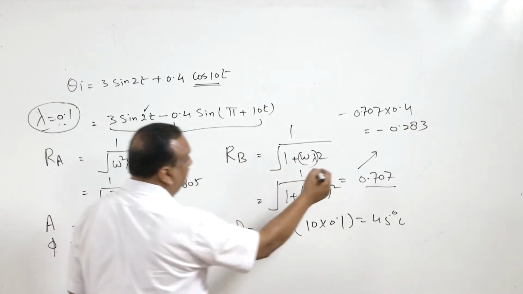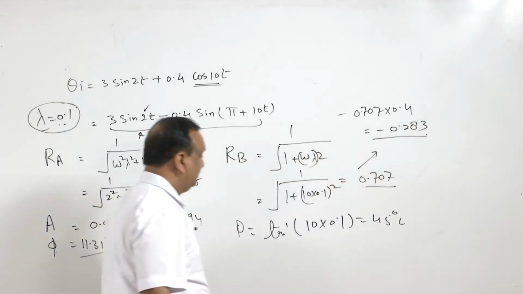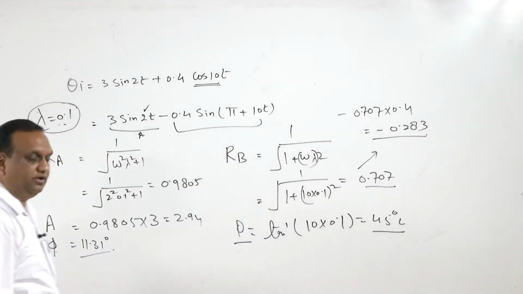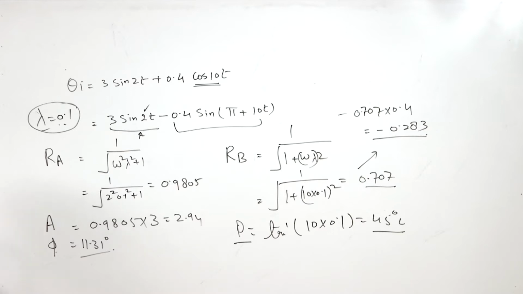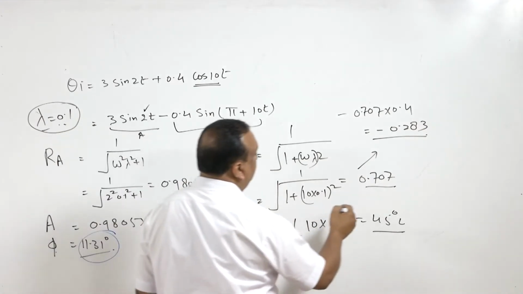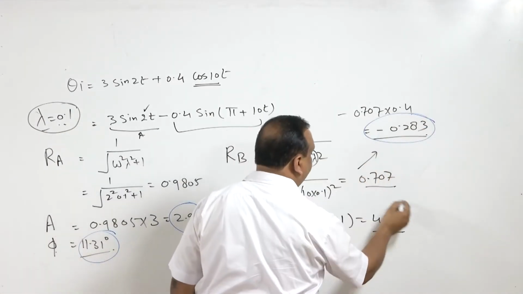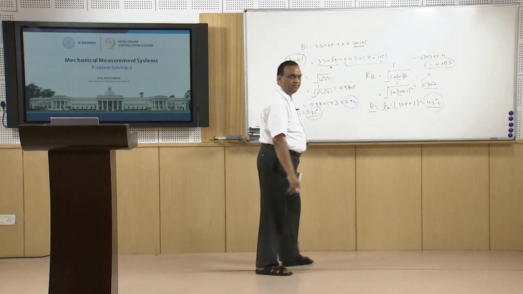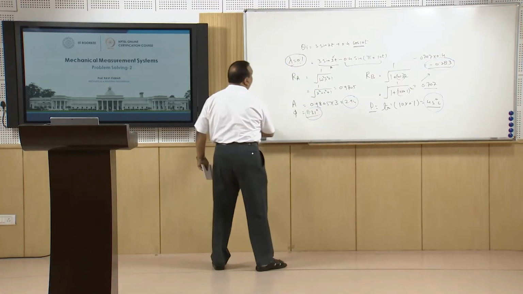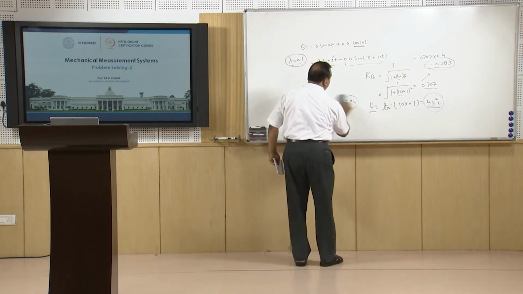And the amplitude in part B is this, and the phase angle in part B is this. Now we have 4 values, this one for amplitude, this for phase angle, and so on, right? And we can write the finalized equation.